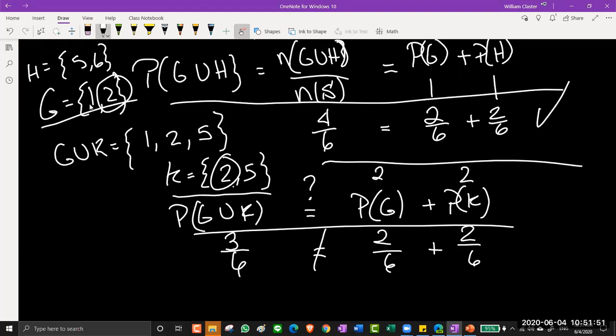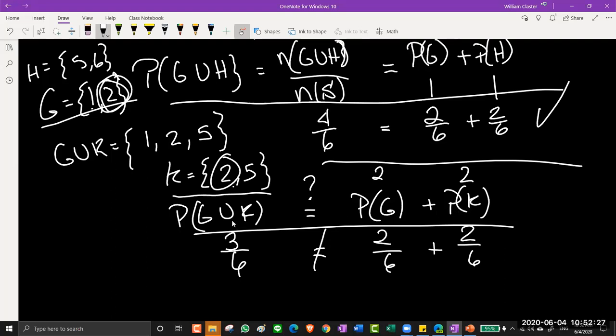We have 2 from G and 2 from K. So we're counting that 2 twice.